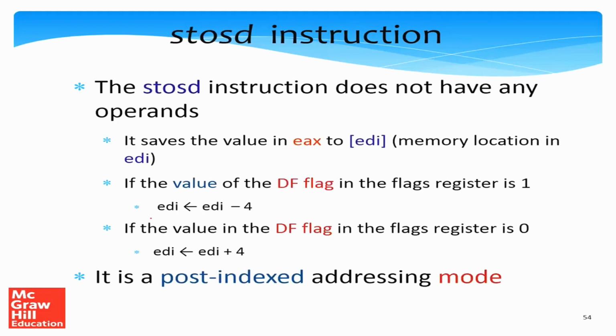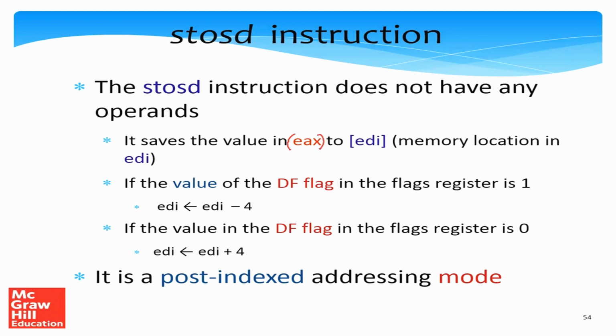So let's look at our first instruction, which makes our life slightly easy. It's the STOSD instruction. It does not have any operands. What it does is it saves the value that is there in EAX to the memory location in EDI. So basically it treats EAX as a default source.